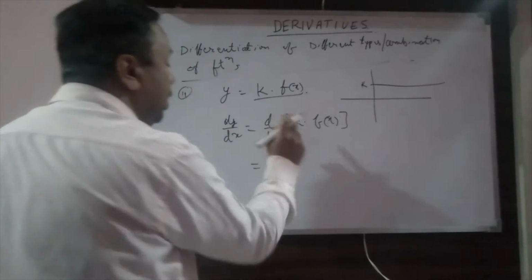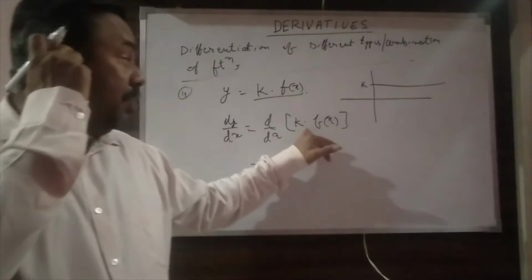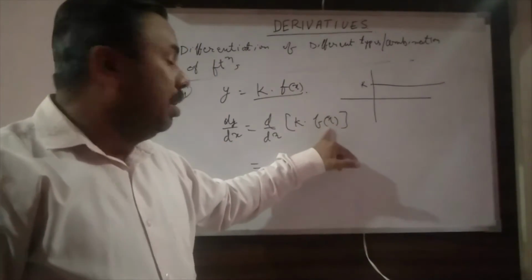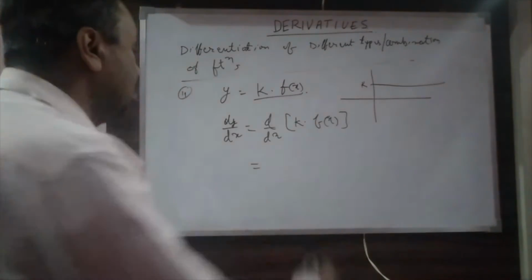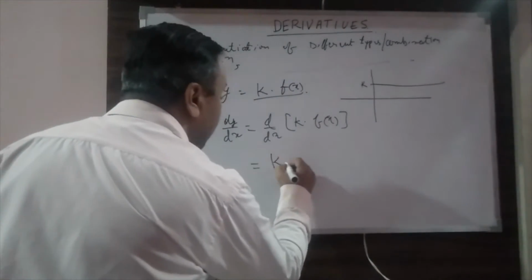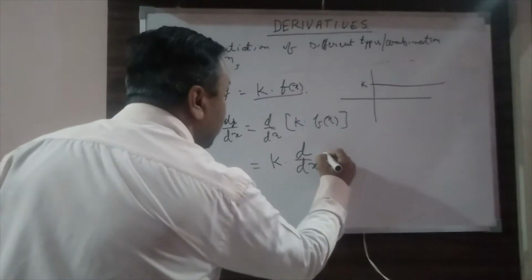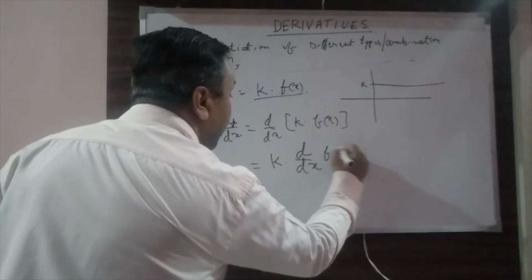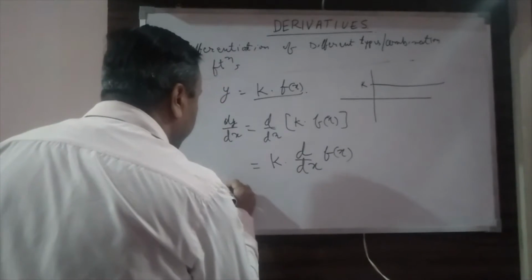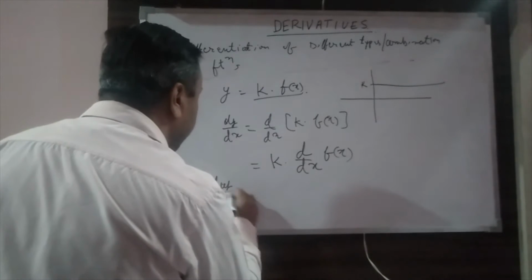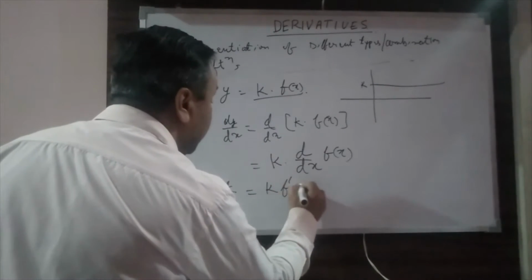Because k is just a constant, whatever the change, it will be multiplied by the same constant. So k can be taken out, and it will be k times d by dx of f(x), that is dy by dx equals k multiplied by f dash x.